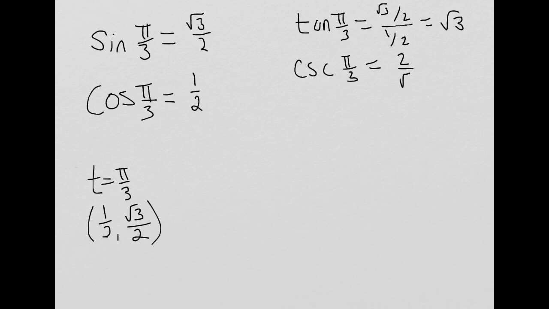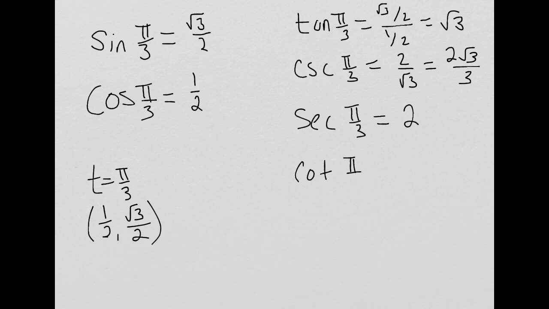That's 2 over square root 3, or if we rationalize the denominator, 2 root 3 over 3. The secant of pi over 3 was 1 over cosine, which is just 2. And the cotangent was 1 over the tangent. So 1 over square root of 3, or again, rationalizing the denominator, square root of 3 over 3. And those can all be worked out pretty readily.